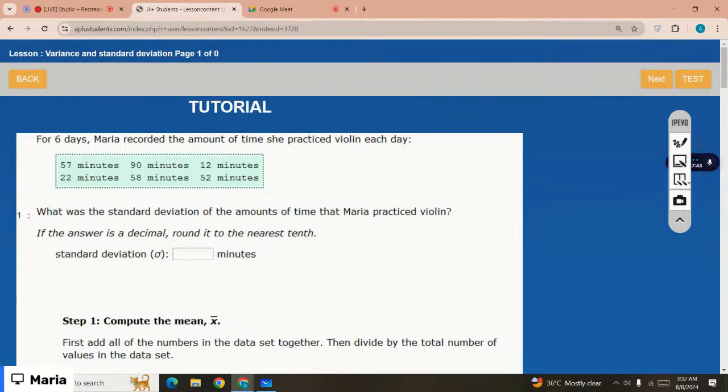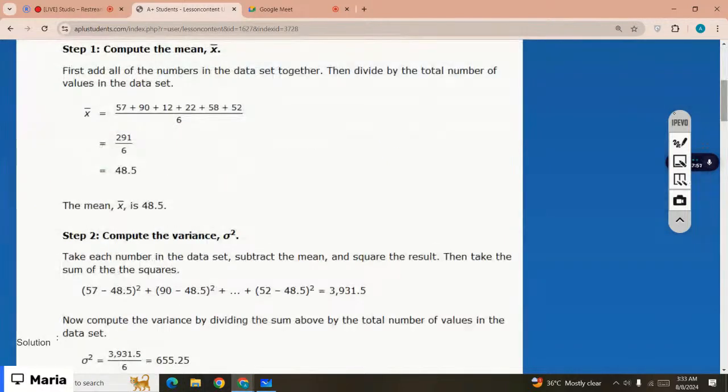What was the standard deviation of the amount of time that Maria practiced violin? So you need to calculate the mean first. Then you need to calculate the variance. You have to subtract each data value from the mean and then calculate their squares.